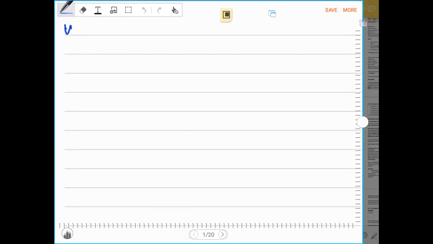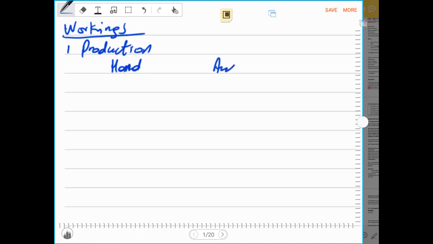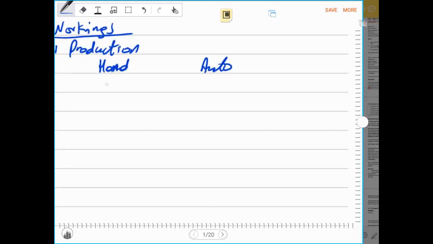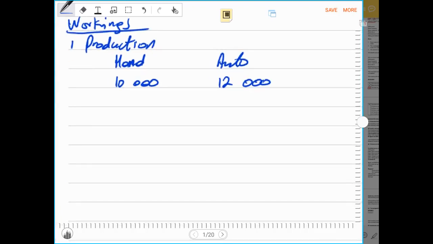So now I will have a page where I do the workings. And working number 1 will be production mix. Working number 1 will be production mix. And production mix will be for the two products, which are hand washing powder and the auto washing powder. Hand washing powder had 10,000 budgeted units to be manufactured and to be sold. And auto washing powder had 12,000 units.